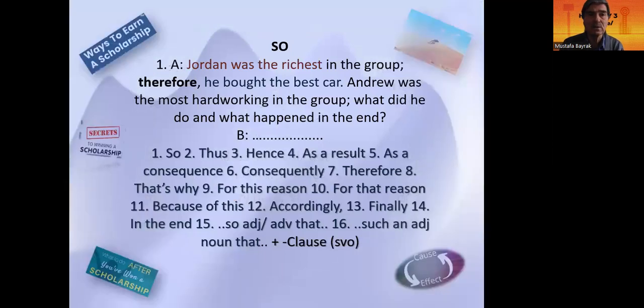Now, number 1. Jordan was the richest in the group. This is a fact, this is a reality. As a former cause, this reason. Jordan was the richest in the group. Therefore, he bought the best car. Andrew was the most hardworking in the group. What did he do, and what happened in the end?